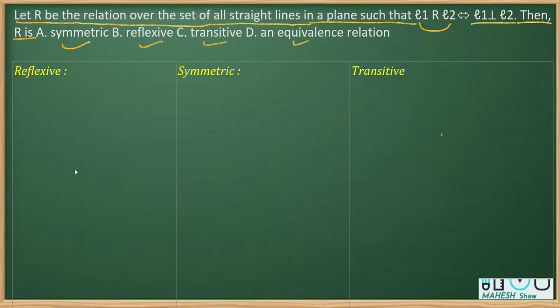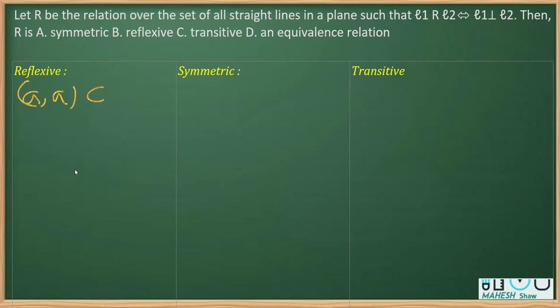So in order to find out whether it is reflexive, symmetric, transitive, or equivalence, let's first figure out what we need to do for a relation to be called reflexive. We know that (a, a) must belong to the relation R for every a that belongs to the domain set.